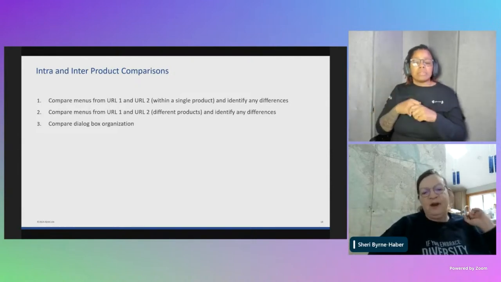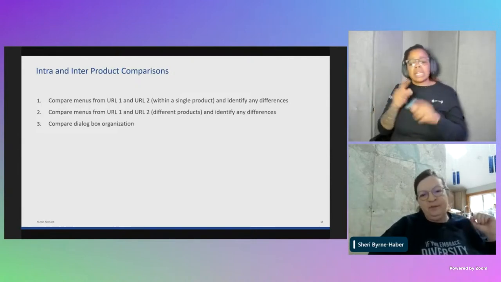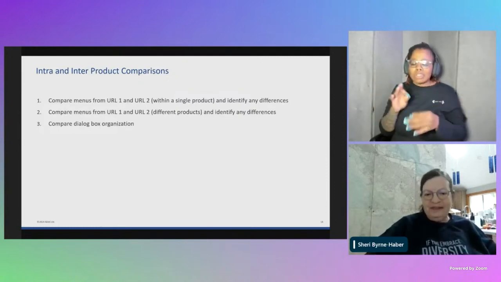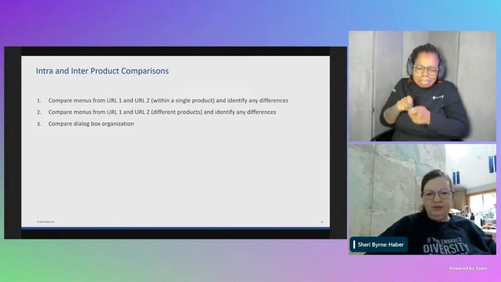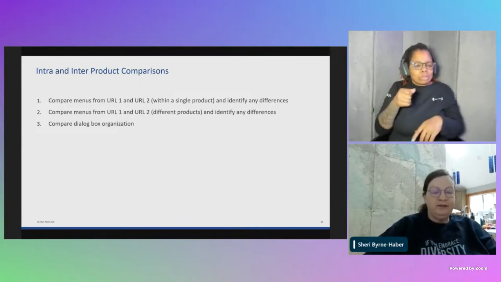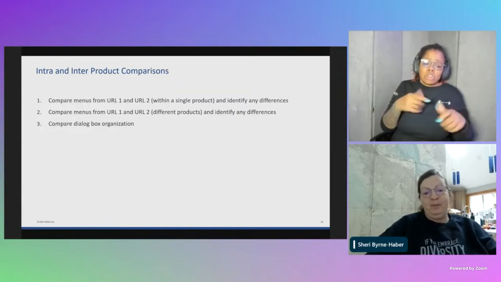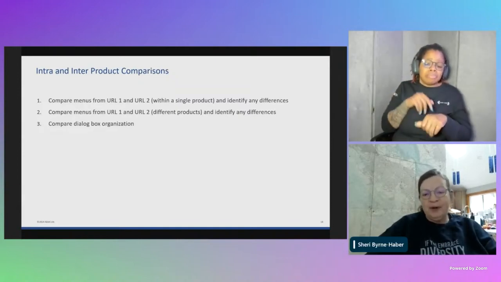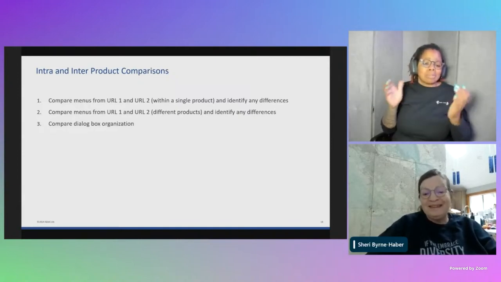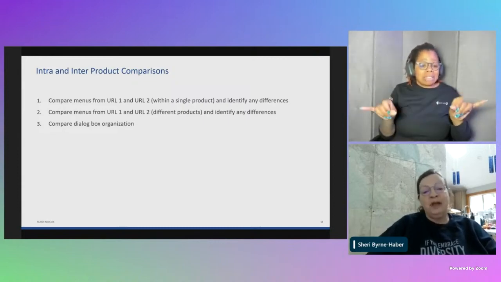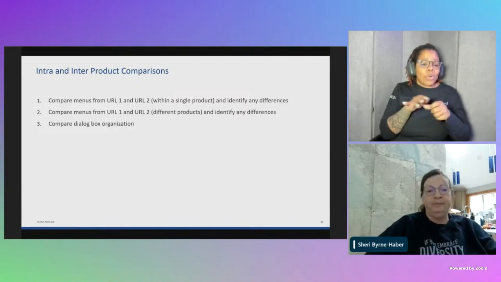That the colors are right, that the headings are right. All the things that are just exceptionally tedious to do yourself. If you're a senior accessibility tester, you do not want to be spending time doing dialog box comparisons. But it's a really necessary part of product consistency. So why not get a local language model to do it for you?